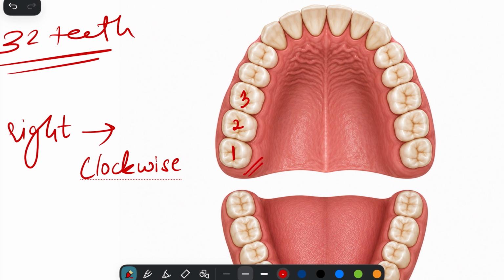It's not about the most posterior tooth present in the mouth, it will always be the upper right third molar. Now the upper right second premolar will be 4, first premolar 5, canine 6, lateral incisor 7, central incisor 8. Left side central incisor will be numbered 9, lateral incisor 10, canine 11, first premolar 12, second premolar 13, first molar 14, second molar 15, third molar 16.